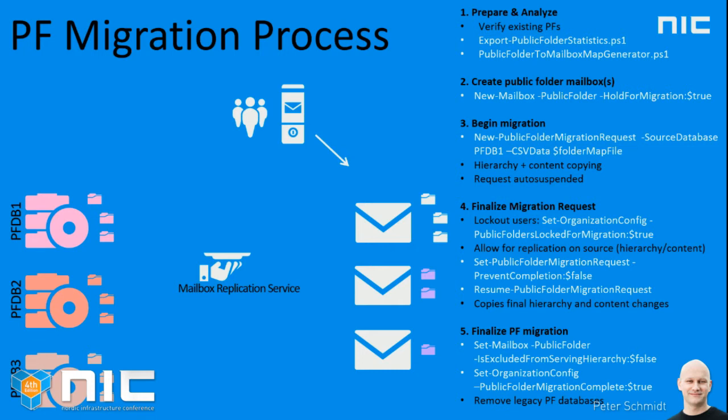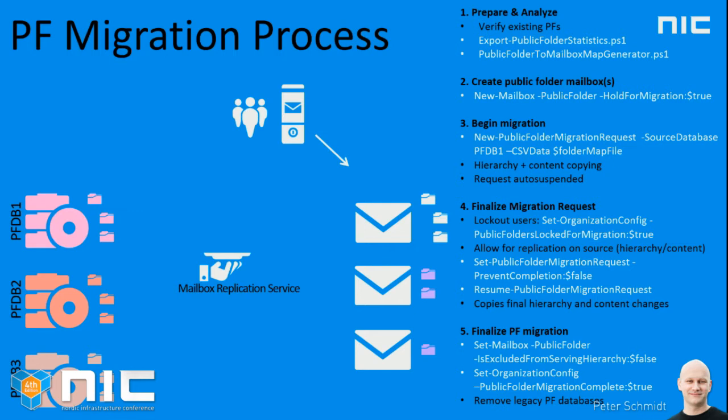When all that is done, we can set the parameters so that it's not excluded from the hierarchy known by Exchange 2013 anymore. So basically we can make sure that our users can access it. And we can set the parameters that our migration is actually completed. And then after that, of course, we need to verify that everything is okay.